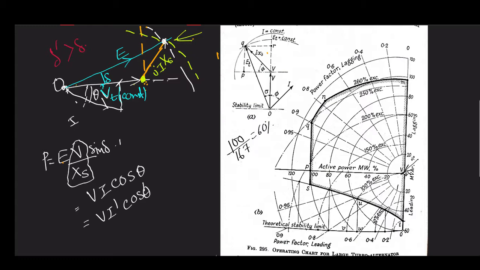Now from V we can draw a horizontal line. This gives us active power. You can consider this the circle that we drew for V by 2RA; that type of circle we are drawing here.